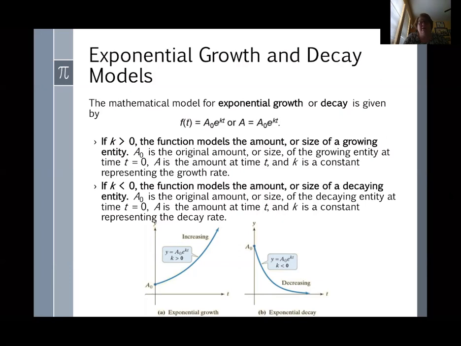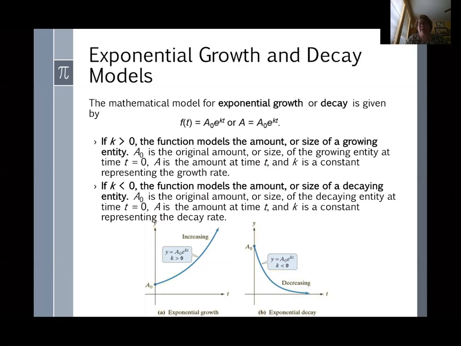So again, it's the amount of something you start with. A is the amount at time t, and k is the constant representing the decay rate. So exponential decay is represented by the graph on the right. It's decaying at a rapid rate, and then it starts slowing down as time increases.